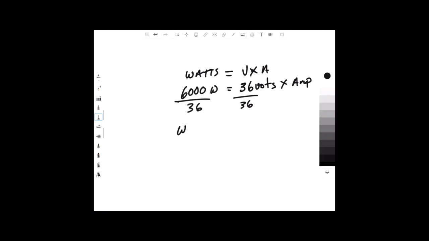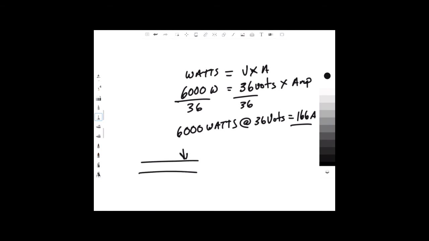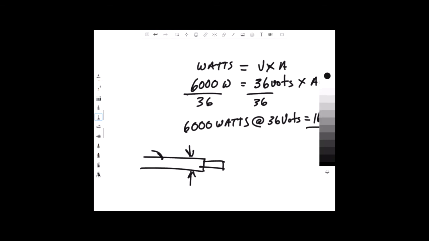So 6,000 watts at 36 volts uses 166 amps. That's a lot of amps. So what we have to do is take a wire and figure out what the wire diameter is to be able to handle this much power going through here. So this is like the plastic sheathing.